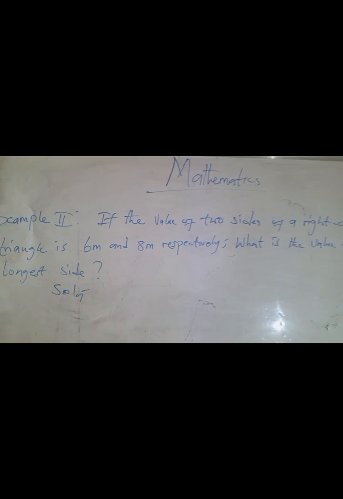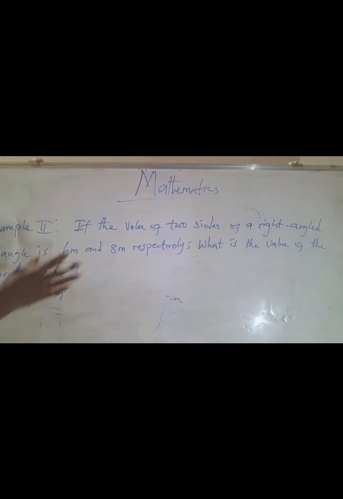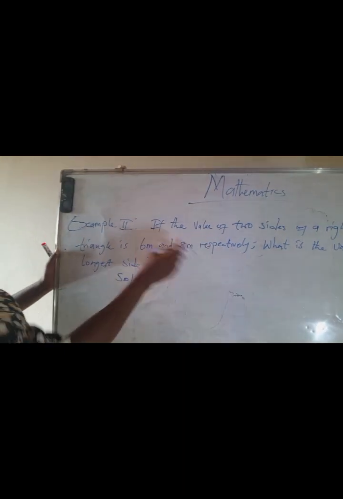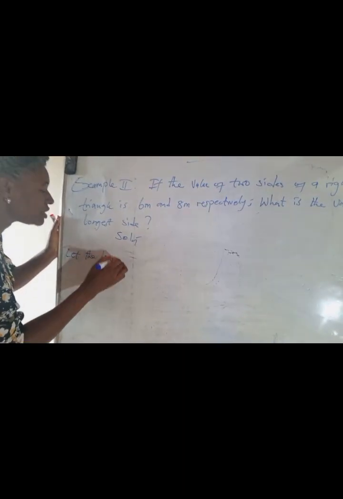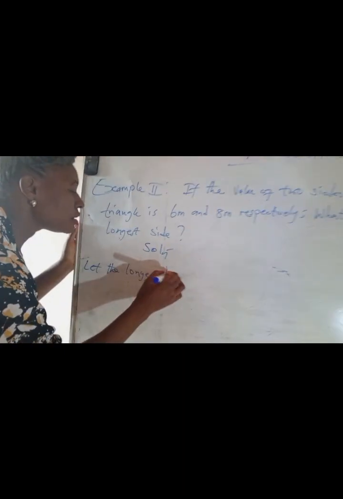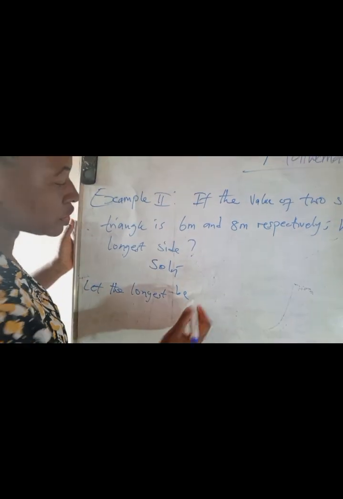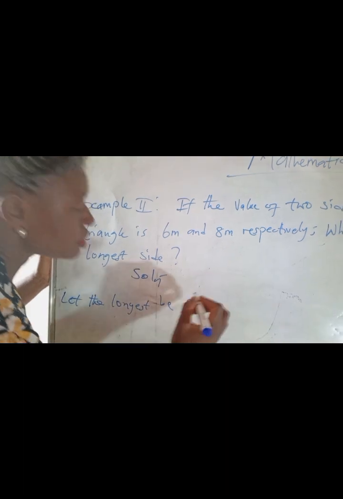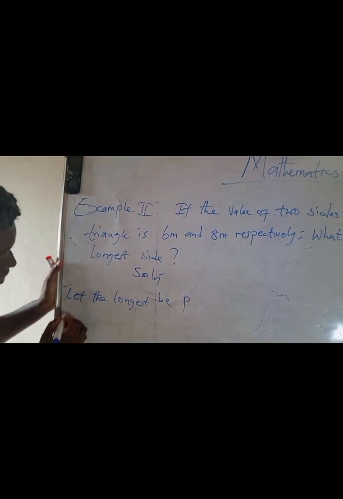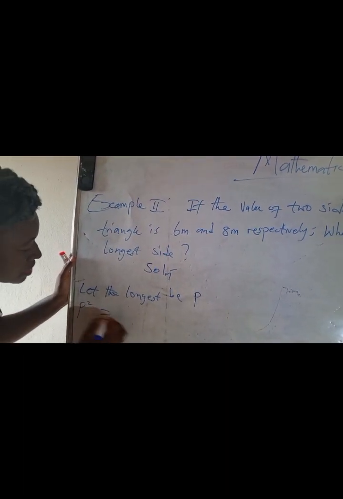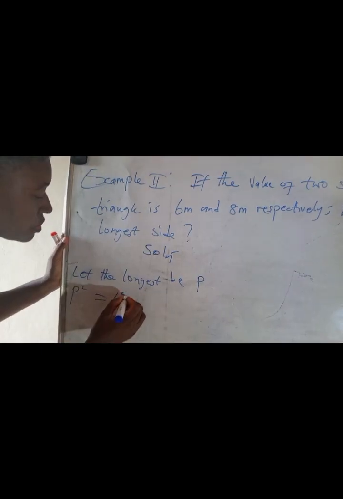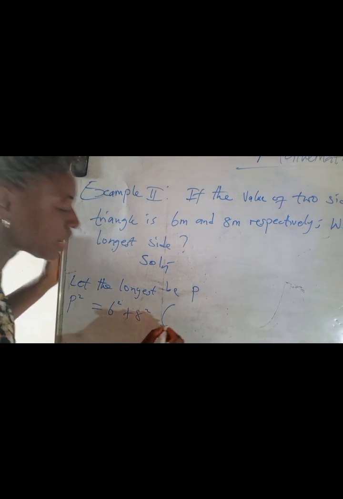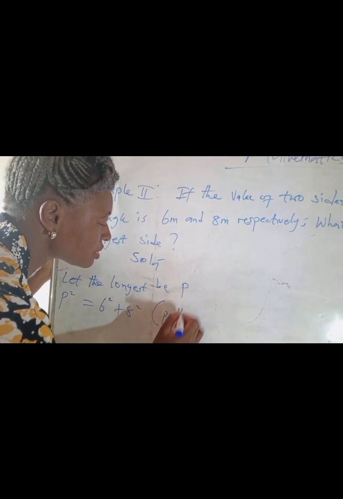You remember that the square of the longest side is equal to the sum of the square of the other sides. Let it be any alphabet of your choice. So I just want to use P, which means P square is equal to 6 square plus 8 square, in bracket Pythagoras theorem.